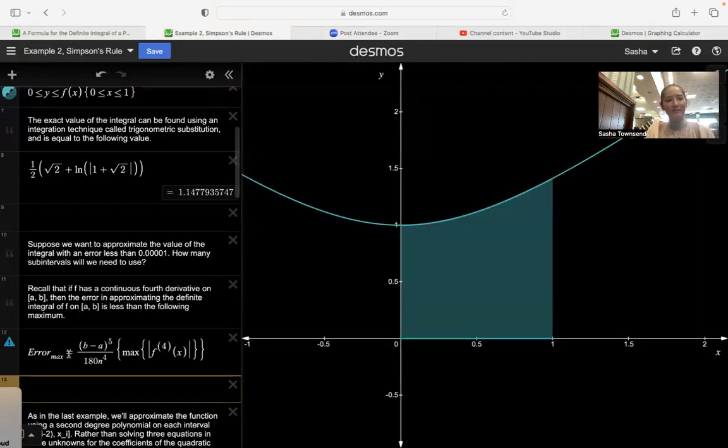So Simpson's rule. The maximum error is given by this formula: b minus a raised to the 5th divided by 180 n to the 4th times the maximum value of the absolute value of the 4th derivative of the function on the interval of interest. And I think I want to do that calculation on paper.